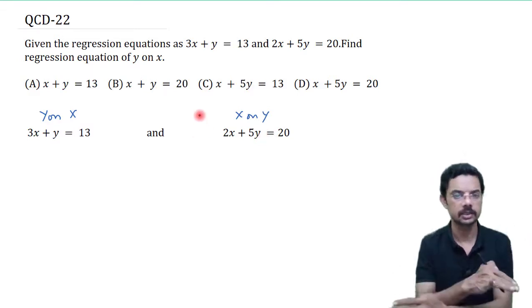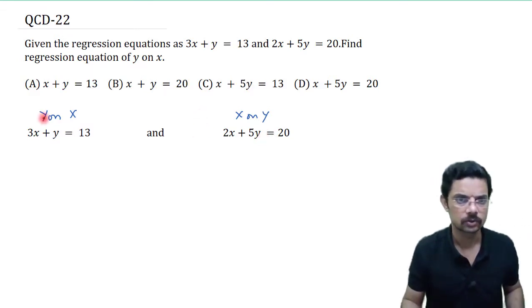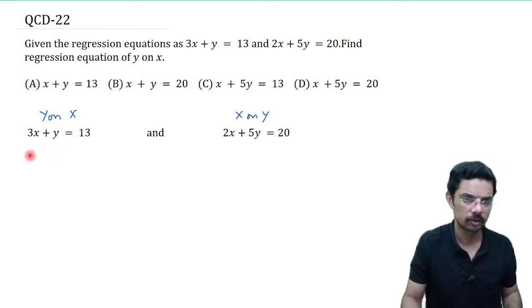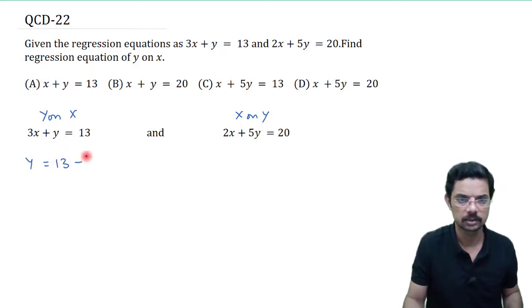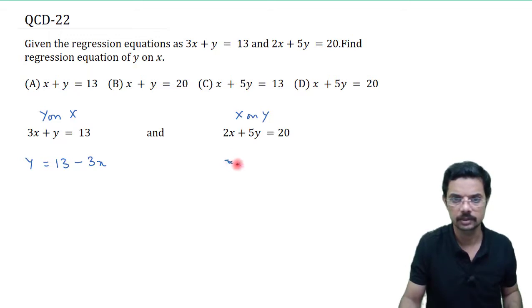Otherwise, we have to interchange them. Okay, y on x: y will be equal to 13 minus 3x, and here x is equal to 20 minus 5y, divided by 2.